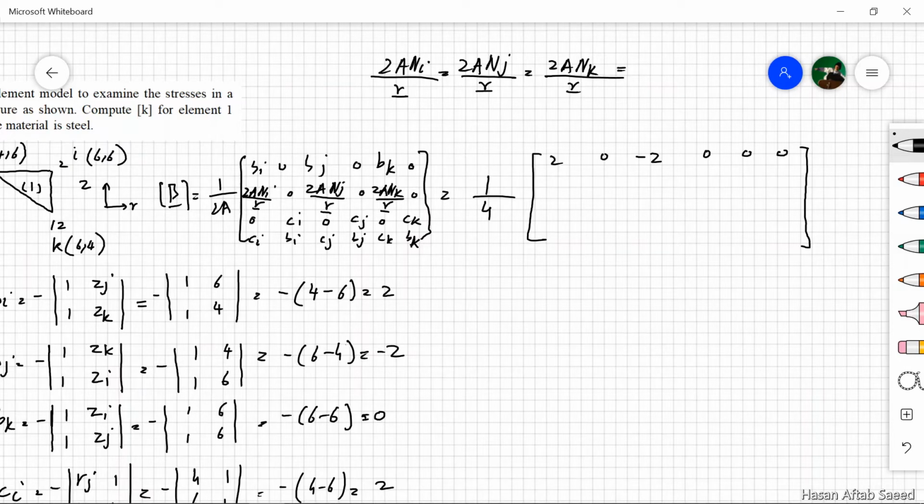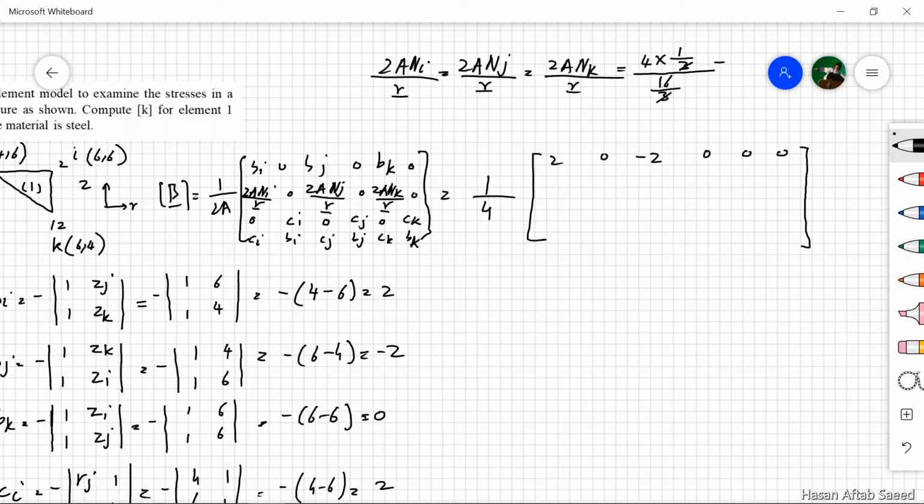It's simply 2A is 4, Ni, Nj, Nk are 1/3, and R was 16/3. Just calculate it.